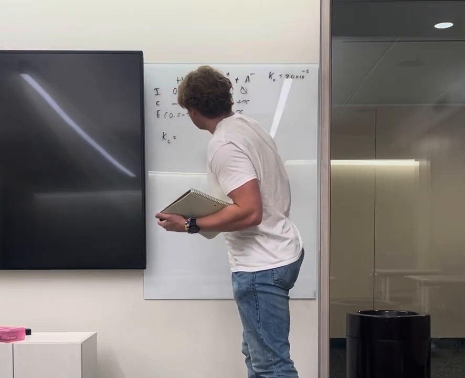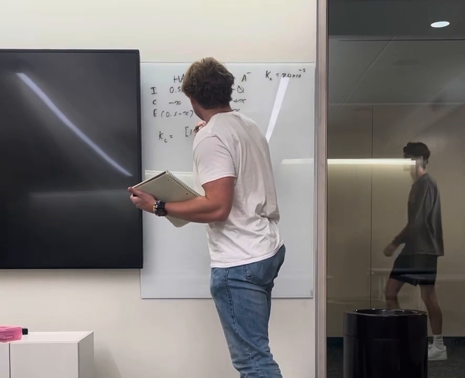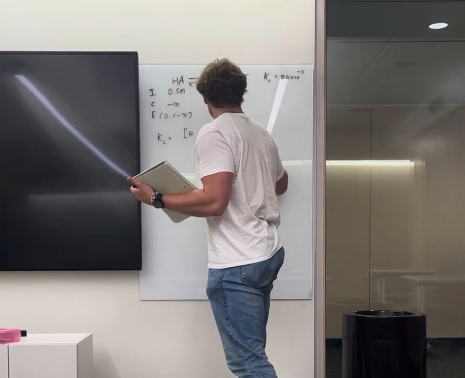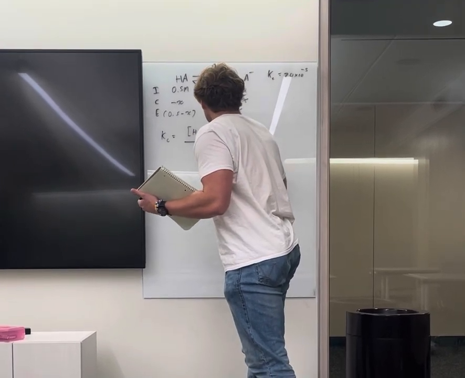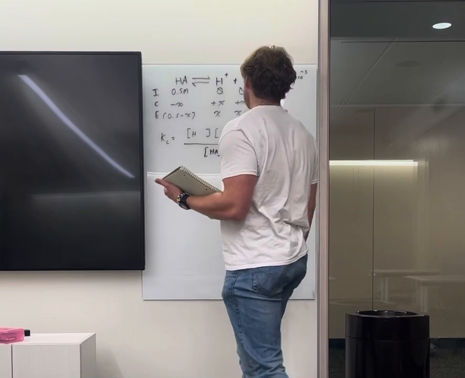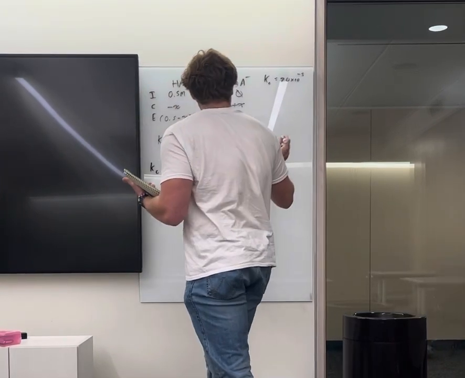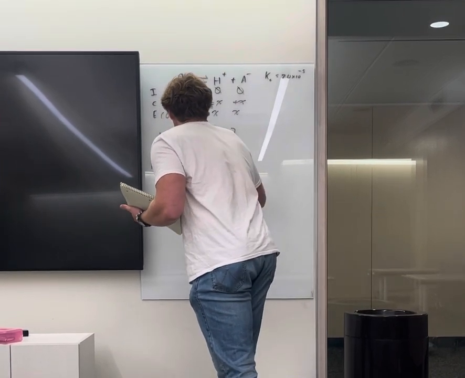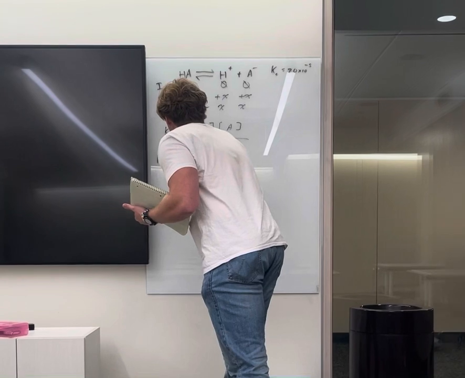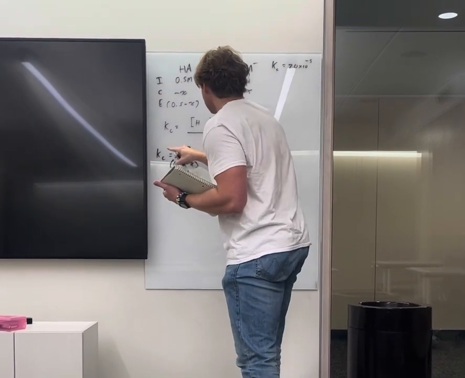K constant is equal to concentration of products, which in this case is H and A, over reactants, which here is HA. So let's plug in. We have Kc equals x squared over 0.5 minus x.